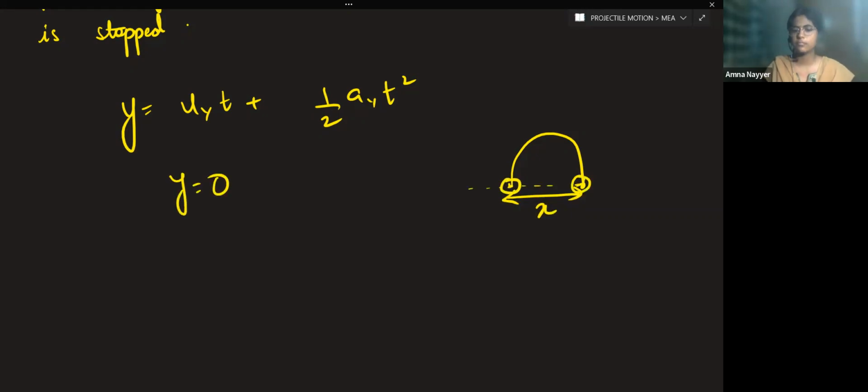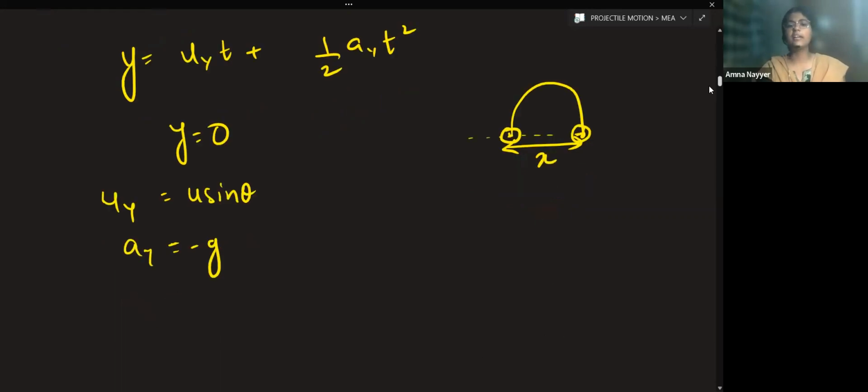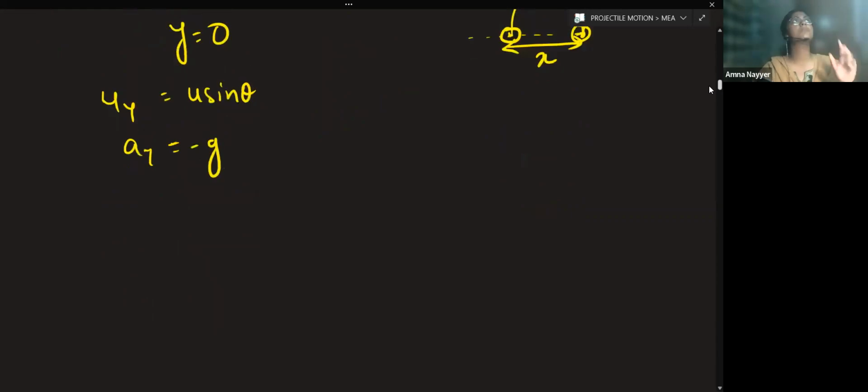Got it? And uy will definitely be u sine theta. Ay will again be minus g. Sign convention is up to you, you will get exactly the same answer. The only difference will come over here: instead of y, we'll be writing 0, because there is no displacement along the y-axis. So 0 is equal to u sine theta capital T, plus half ay capital T square.